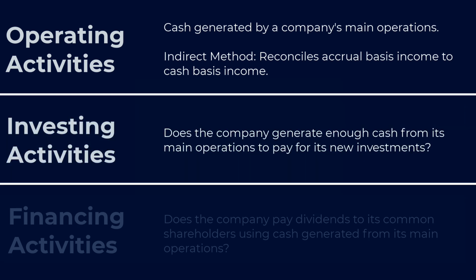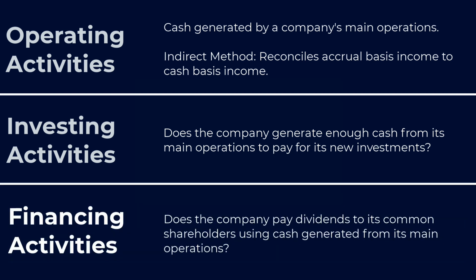Investing activities are things like buying and selling property, plant, and equipment assets. Financing activities relate to financing the company, so borrowing money from a bank, selling stock, or paying dividends to investors. We're putting these cash flows into buckets so it's easier to understand why our cash balance changed from the beginning of the period to the end of the period.